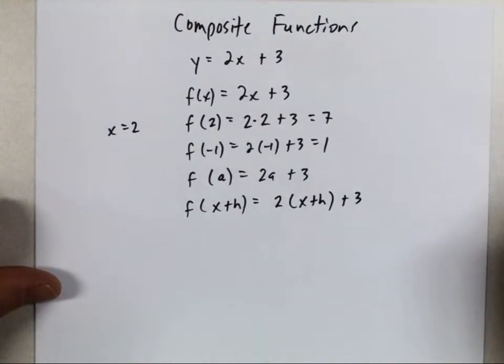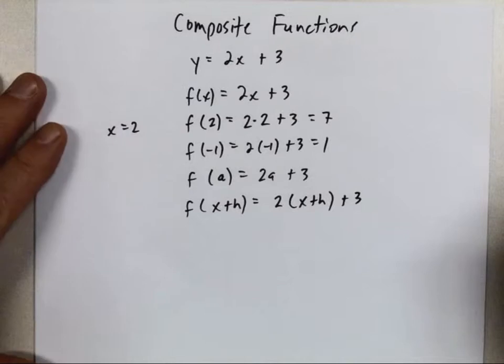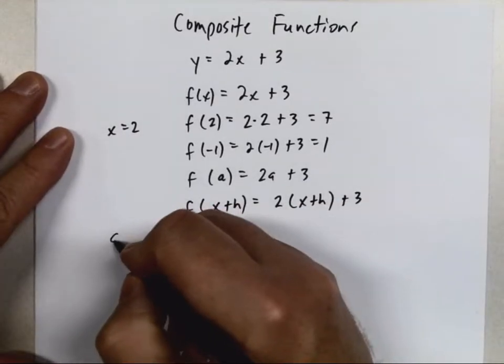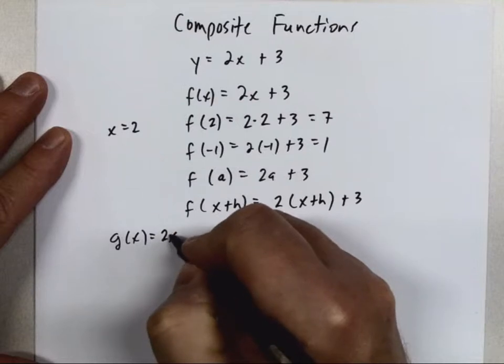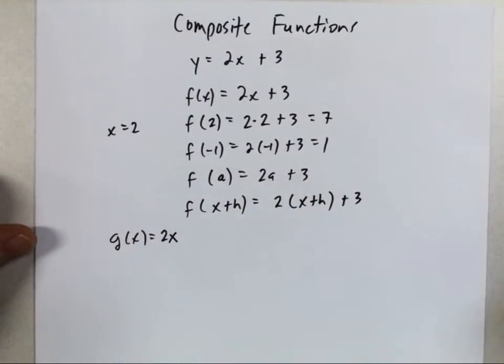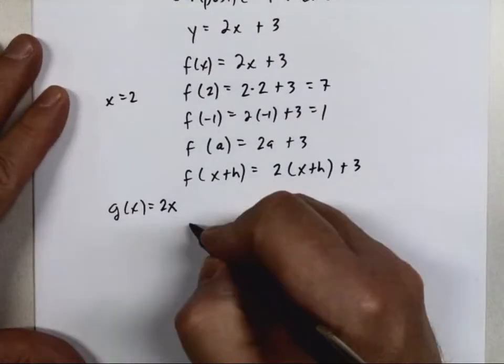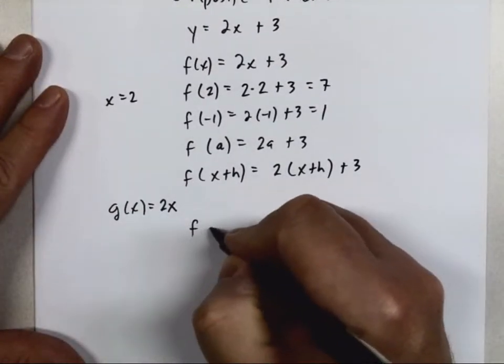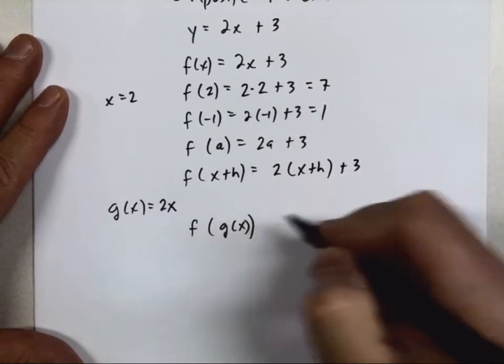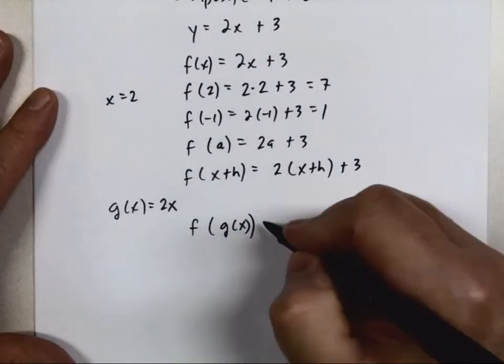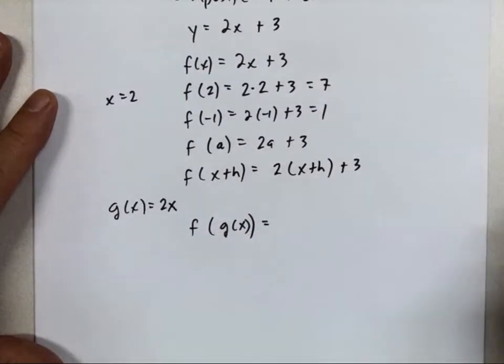Well, what if I did something different and defined a second function? Say, here's another function, g of x equals 2x. And then I said, how about finding f of g of x? Okay, what would this mean?